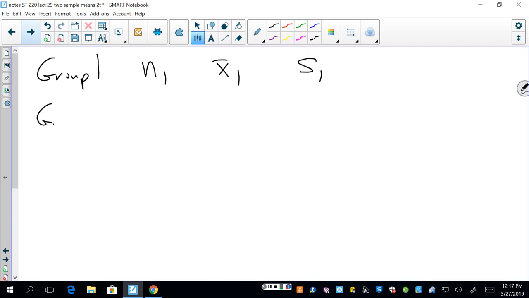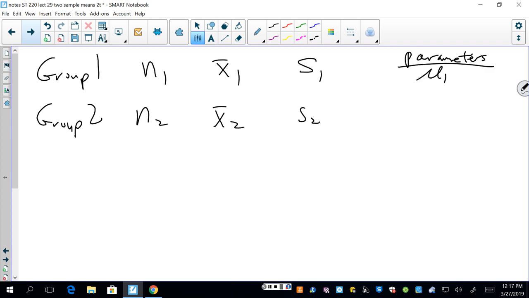In group two, we have another sample size n2, x bar 2, and s2 as the sample standard deviation. The parameters we're interested in are the averages of the two groups, and we want to compare them.